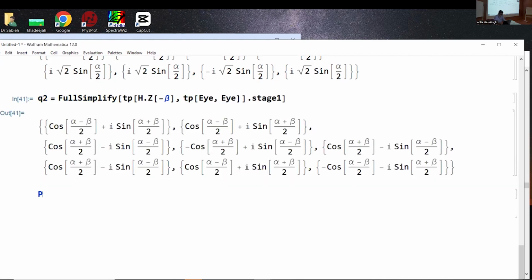So Q2 1 on Q2 2, on Q2 3, on Q2 4. This is the outcome after stage 2.